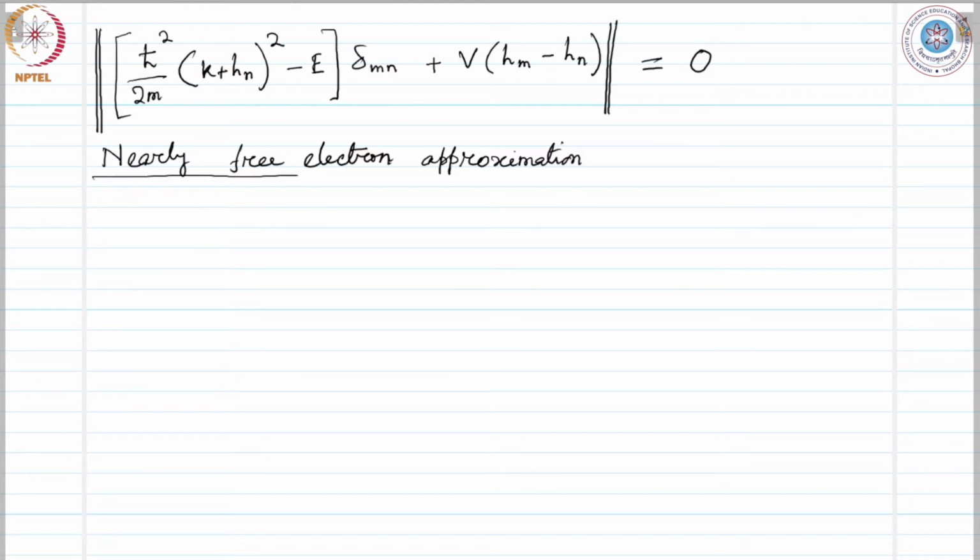And within that approximation, let's try to find out the band dispersion relation, the energy momentum dispersion relation. If we consider a one-dimensional momentum space, then the momentum axis may be represented like this.